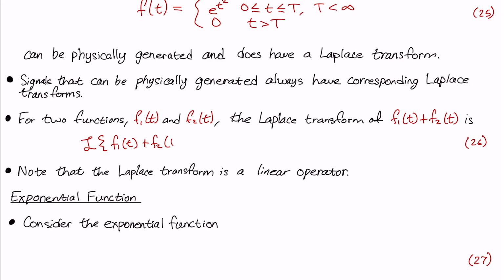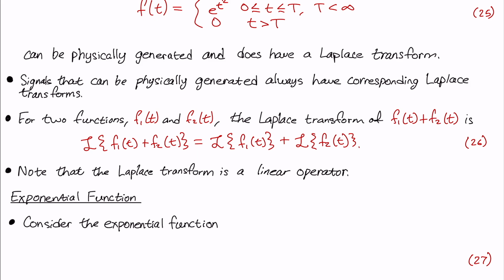We can split this up and apply the Laplace transform to each of those separately. And as a result, this means that if you have some complex function composed of many different parts, you can just take the Laplace transform of each component separately and then add that up together.